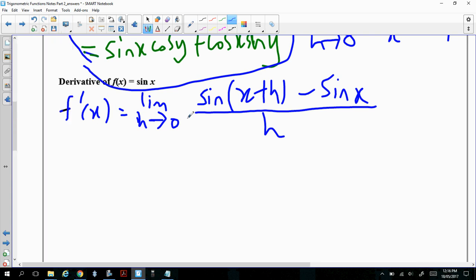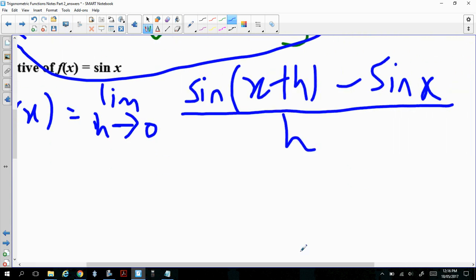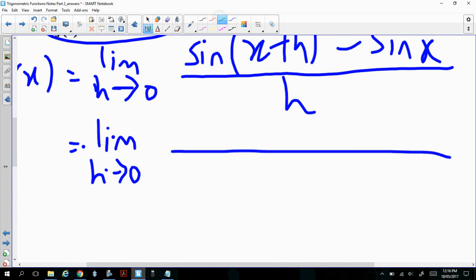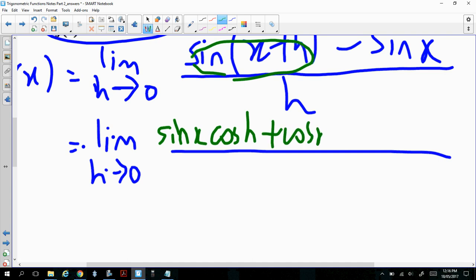Then we'll continue. We're going to use the compound angle formula to expand the top. So we expand this into sine x cos h plus cos x sine h minus sine x, over h. Like that.